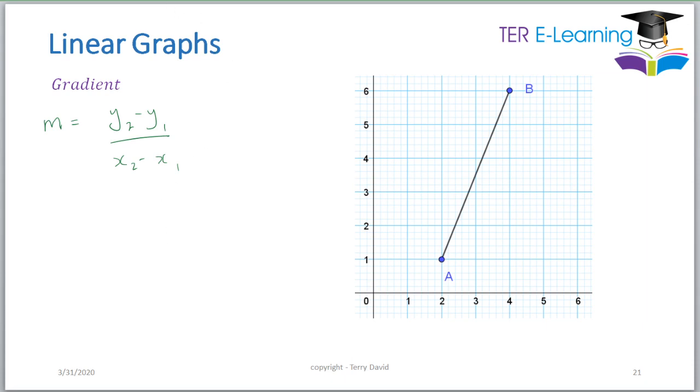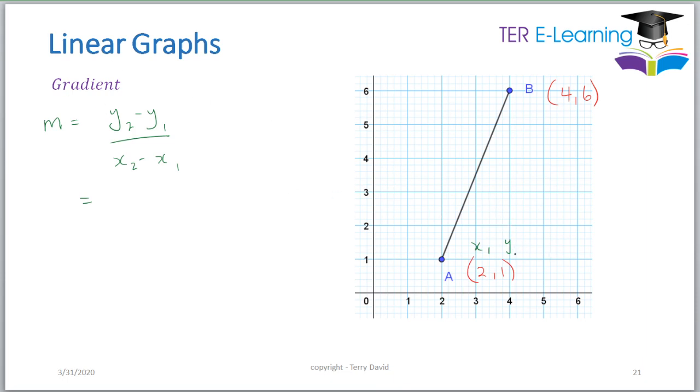Here's what we're going to do. First thing we need to do is write down the coordinates of A and B. The coordinates of A are 2, 1. In the exam, when they give you a graph, you need to determine what the coordinates are first of all. Point B is actually 4, 6. So my gradient is equal to, remember what I told you all, you need to label x1, y1. So label this as x1, y1. Why did I put y2?